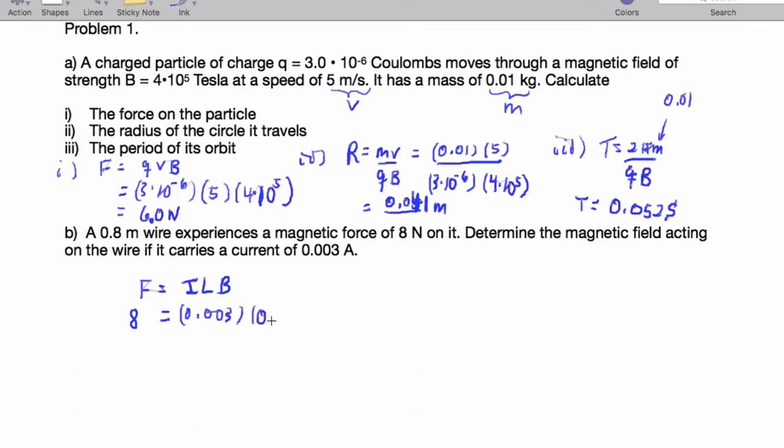The length is 0.8, and we're trying to get B. So when we work all this out, I ended up getting 3,333 Teslas as my value for B.